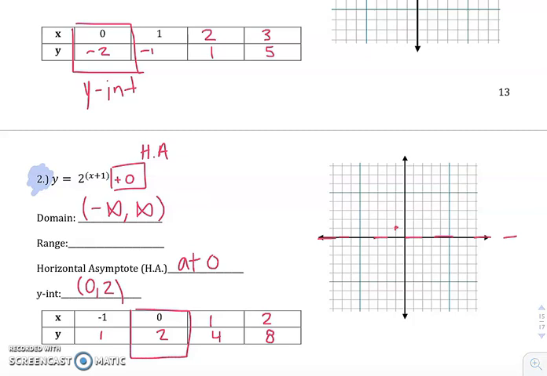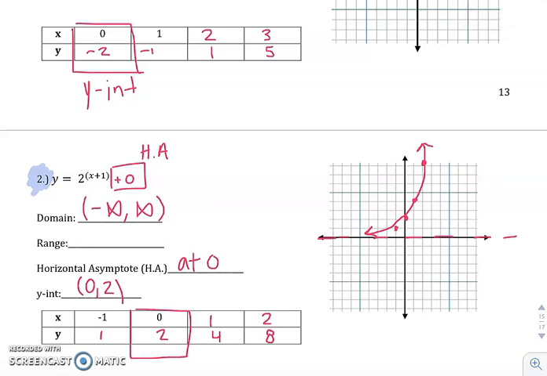So -1, 1, 0, 2, 1, 4, 2, 8, right at the top there. And then we'll draw it. And remember, it's not linear. It's not a straight line. It's a curve. Try to connect your dots. I'm not doing so well here.